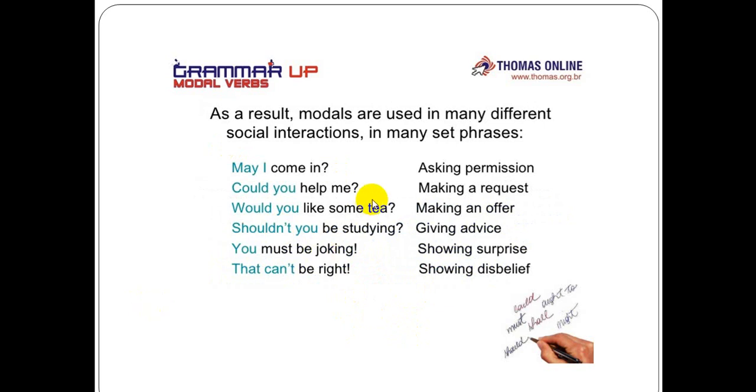For example, asking permission: to ask permission we can use "may I come in." I can say "may I come in," or I can use "could I come in please," "can I please come in." So here, asking permission; we will explain and give more detail later.